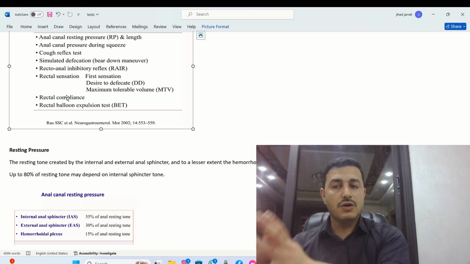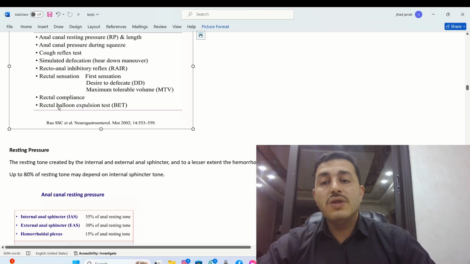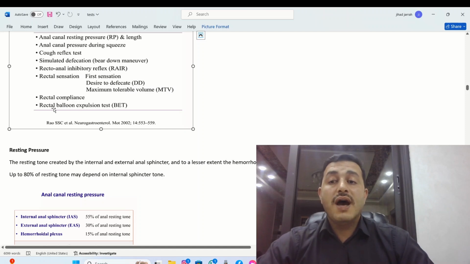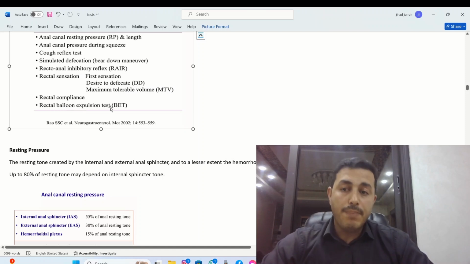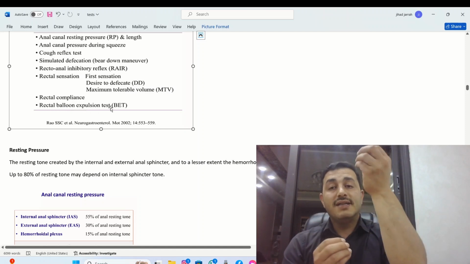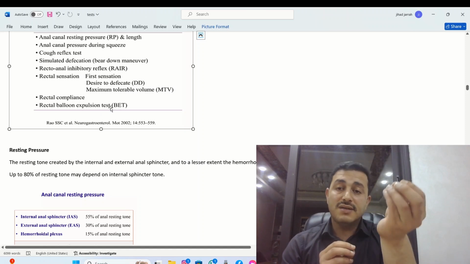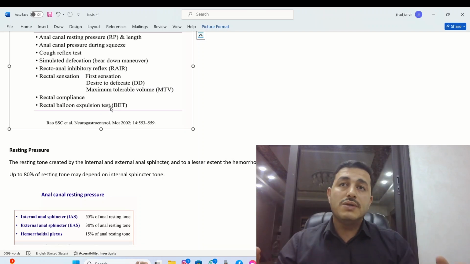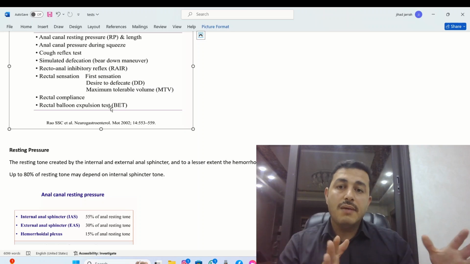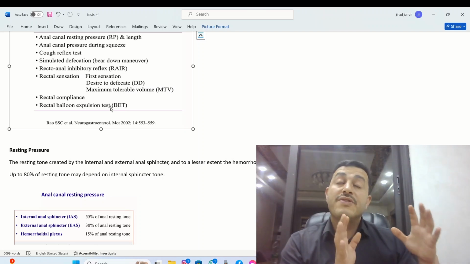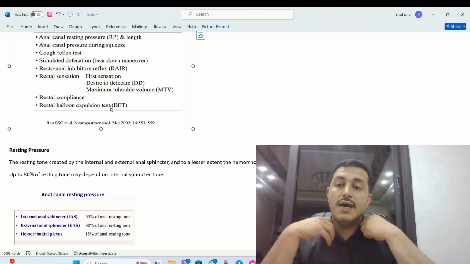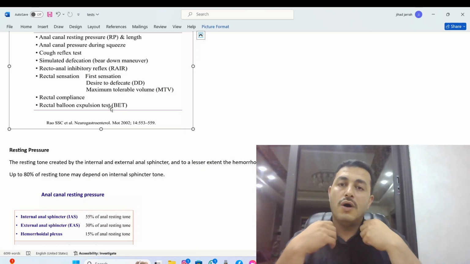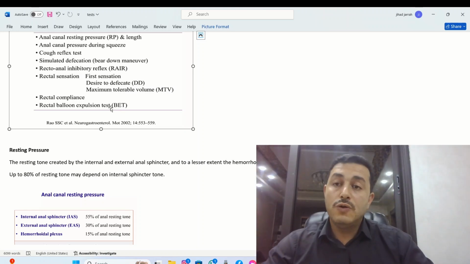We should check the rectal compliance, and we will see how to check it. And with the use of anal manometry, we have the rectal balloon expulsion test. Actually, it is a balloon that we insert in the rectum and we ask the patient to defecate, and we see how much time he takes to expel or evacuate this balloon.